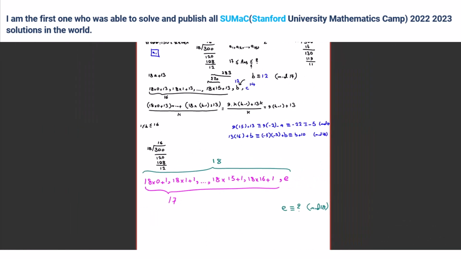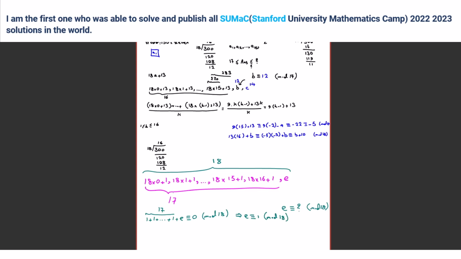E needs to be 1 mod 18. Exactly, because if you consider this summation, it should be multiple of 18, right? So all of them are 1. We have 17 ones plus E mod 18 should be 0, right? Okay, so this one is 17. So E has to be 1 mod 18, right?